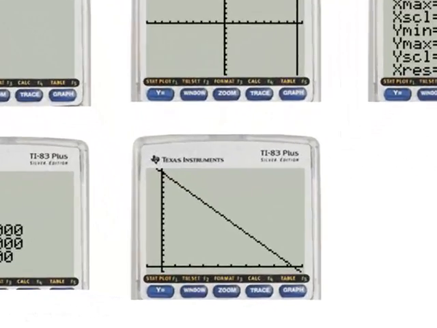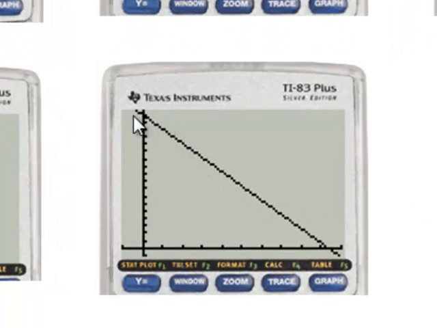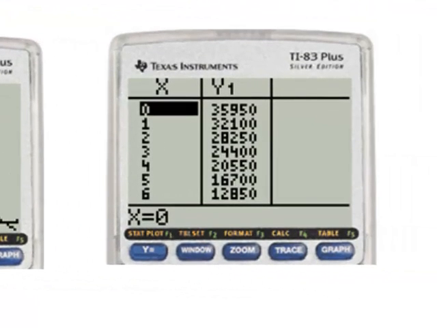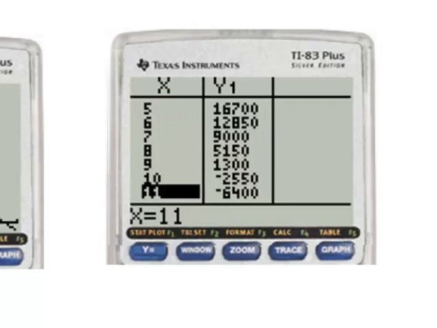I hit graph, and again we can see the y-intercept, we can see the x-intercept. If I use the table, the y-intercept is 35,950, and if I keep scrolling down, I can see when x is 10, we start having negative y values, and the value of the car can't be negative.